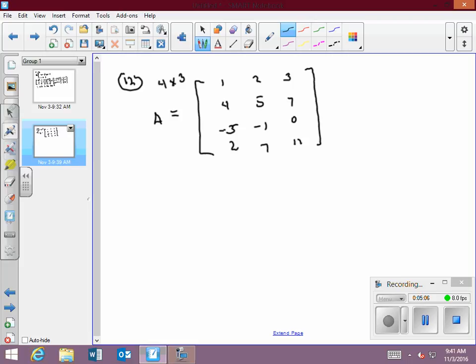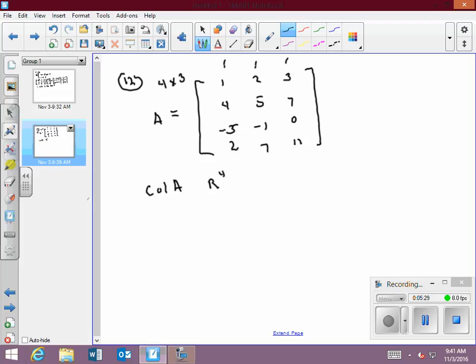And for something to be in the column space of A, column A takes columns of these. So for column A, the R has to be 4.